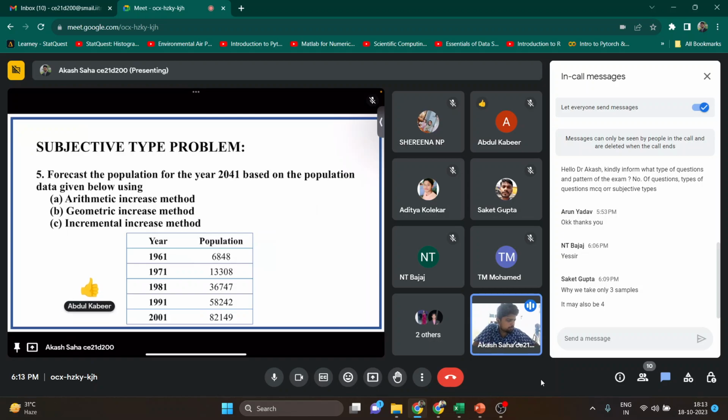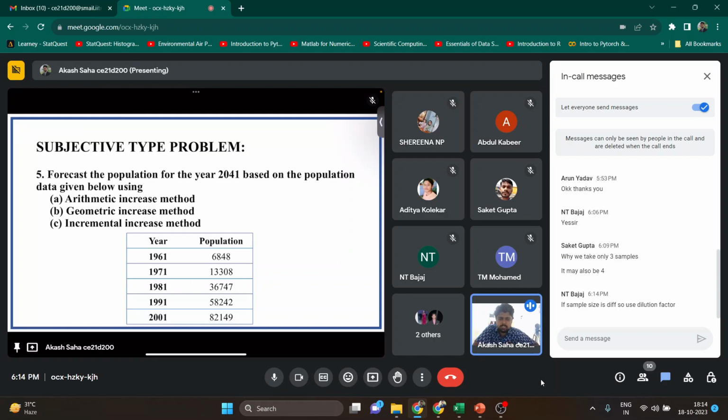Okay, so now we will do a population forecasting problem as you have requested. We will quickly see how to do the population forecasting methods. We will use the same data set to find out the population through all the methods.